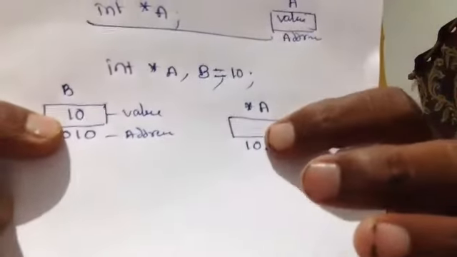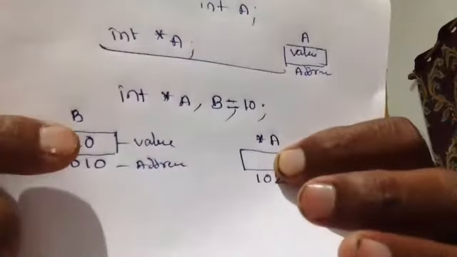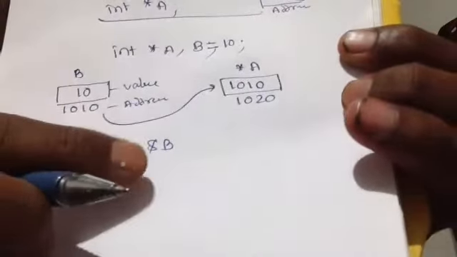So what is the value? This value is not normal integer data or floating point data. It holds the address. If you assign like this, A equal to ampersand B, it means A holds the address of B.